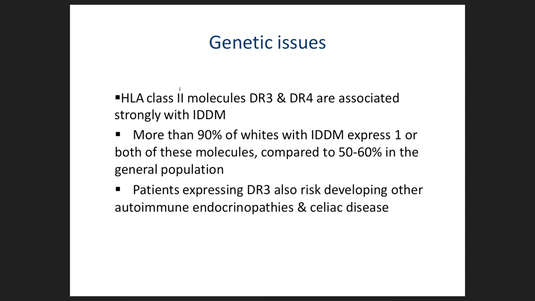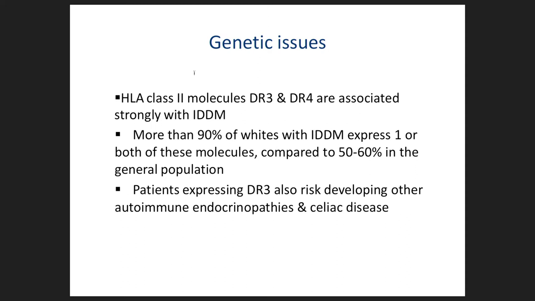If we look at the genetic issues of type 1 diabetes, there is something called HLA screening. When we screen type 1 diabetes patients, we found that most of them, more than 90%, have DR3 and DR4. So HLA DR3 and HLA DR4 make a strong association with developing type 1 diabetes.